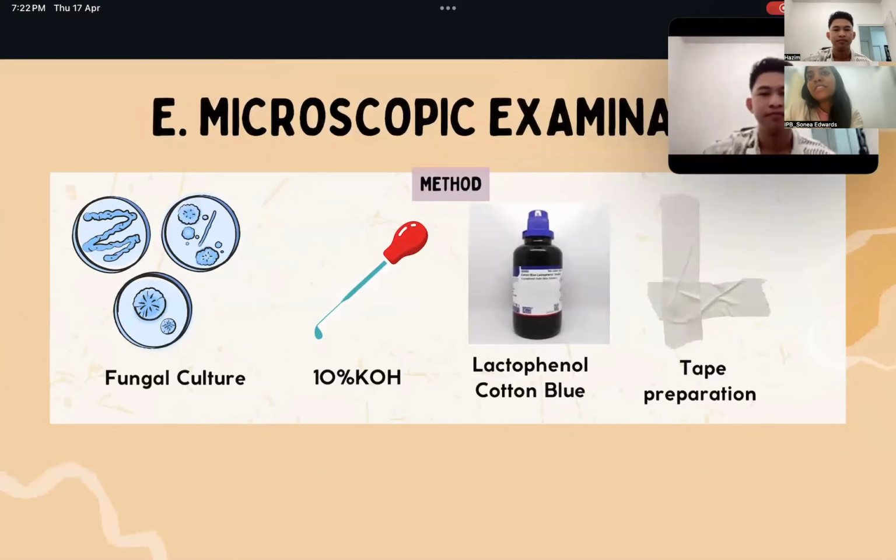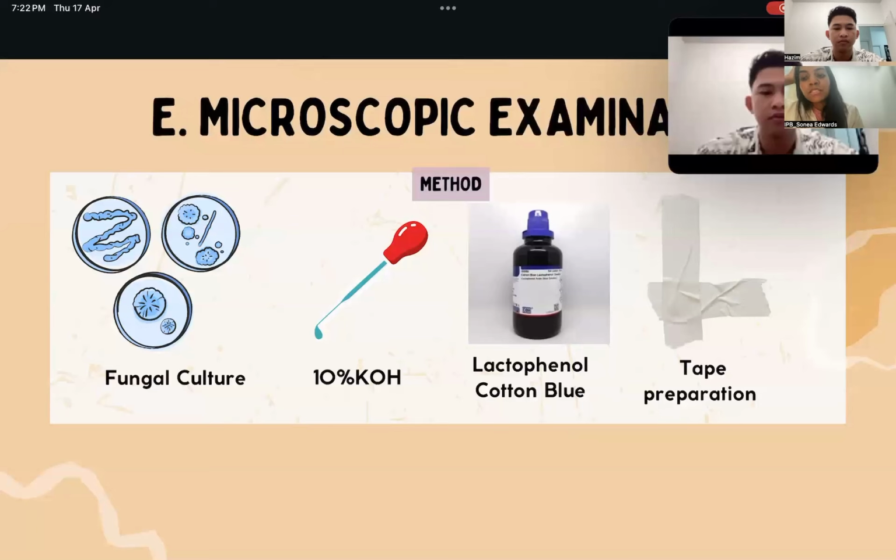Okay, hi everyone. So I'll be talking about the microscopic examination on the native culture. First, when you have the fungal culture, like what we always do in the lab, you use your ose and scrape a little bit of the fungal culture and put it on a glass slide which you have already cleaned. Then you put 10% KOH, 1 drop to 2 drops.